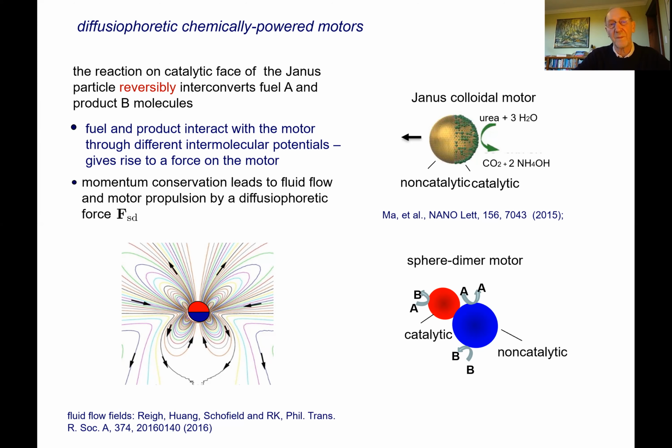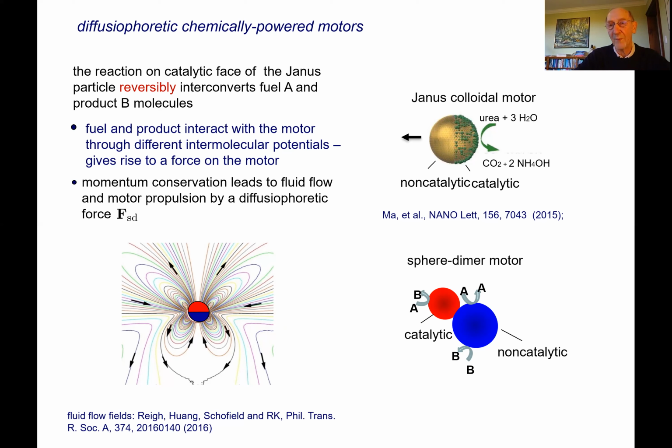Now, in these systems, generally the fuel and the product that's produced in the reaction interact with the motor through different intermolecular potentials. So as a result of the asymmetric concentration gradient that's generated on the surface of the motor and the difference in the intermolecular potentials, this gives rise to a body force on the motor.